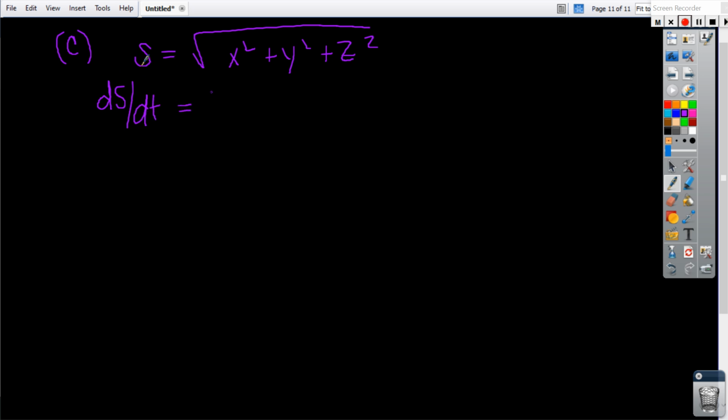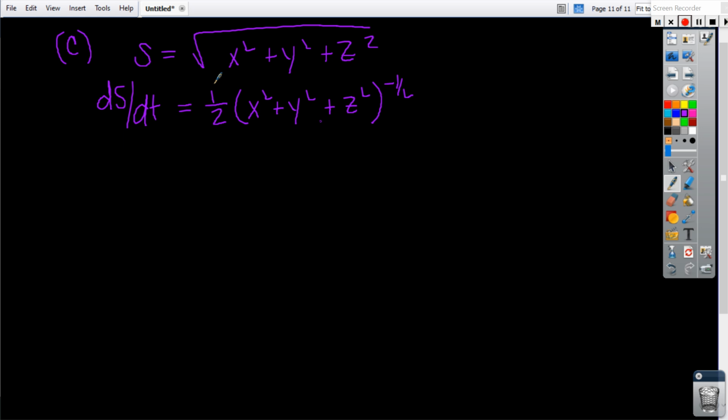this is going to be a chain rule, so I'm going to do a half times x squared plus y squared plus z squared to the -1/2. Then I want to do the derivative inside, right?